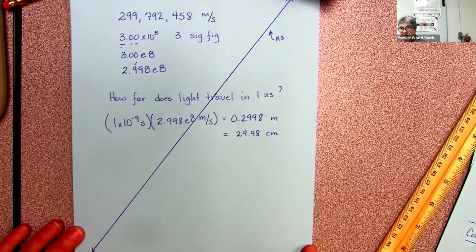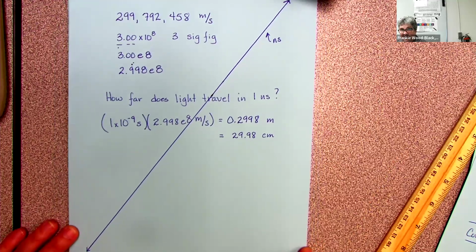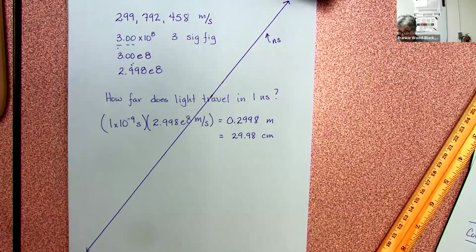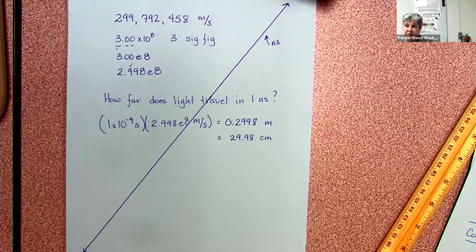That is the distance that light can travel in a nanosecond. It's roughly the length of the diagonal of an 8.5 by 11 piece of paper. So that gives you another rule of thumb to think about when playing with this information.